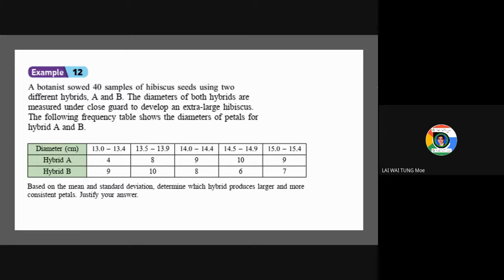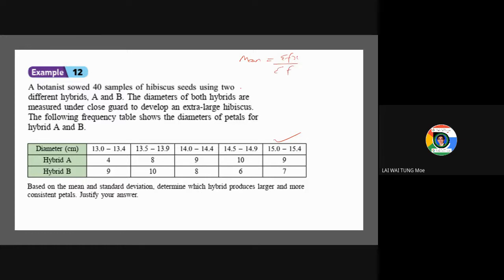Given to you are the class interval and also the frequency. So we should develop a frequency table first. To refresh your memory, the formula for the mean is sigma fx over sigma f.